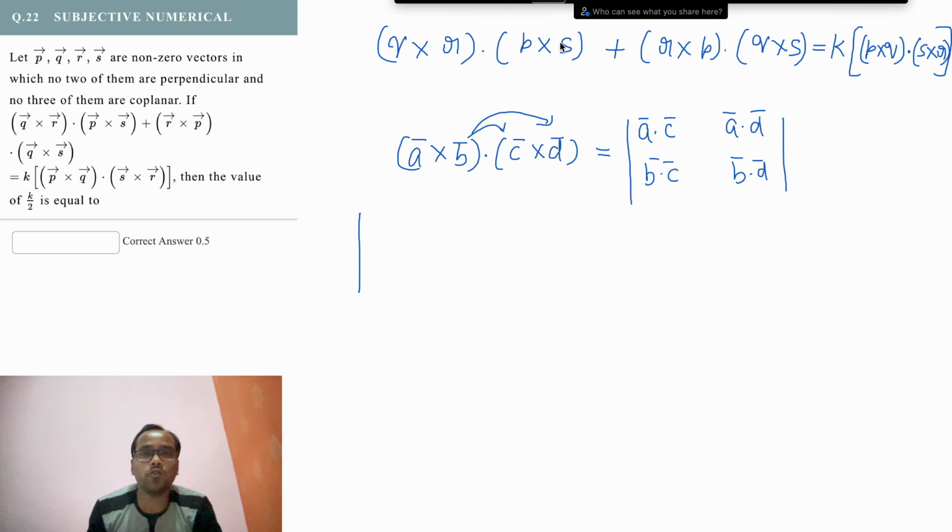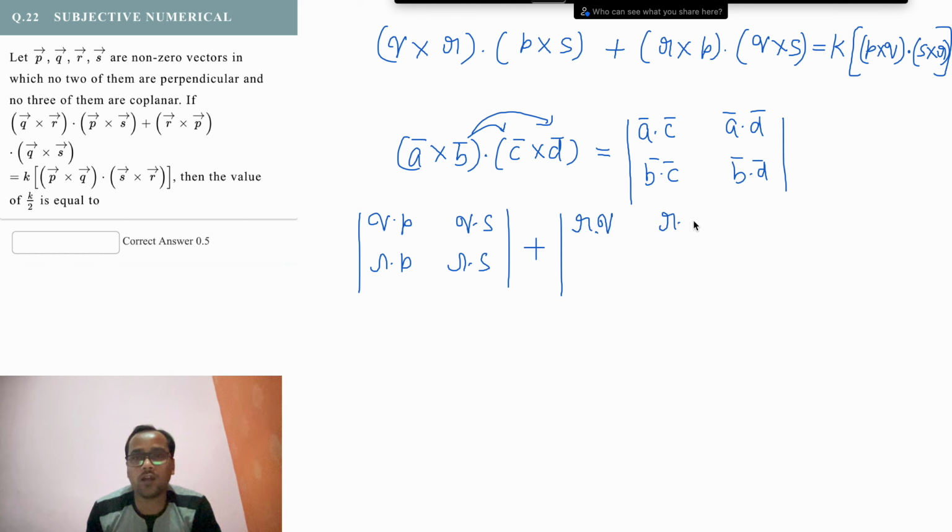So q dot p, q dot s, r dot p, r dot s, plus this will be r dot q, r dot s, p dot q, p dot s, equals k times this will be p dot s, p dot r, q dot s, q dot r.